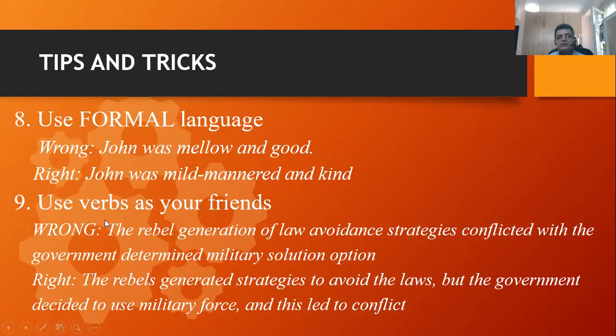Tip number 9: use verbs as your friends. It is very important. When you can convey your meaning by using verbs, stop using nouns instead. Sometimes we have a car crash of nouns. A car crash of nouns means a set of nouns that come after each other instead of changing some of them to verb form. Let's work on this example: "The rebel generation of law avoidance strategies conflicted with the government-determined military solution option."